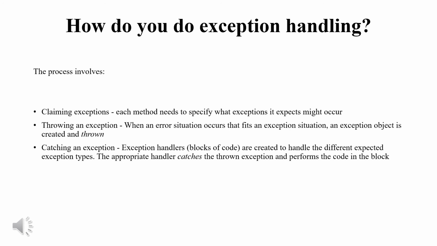It means the appropriate handler catches the thrown exception, right? And then by catching the exception, it will perform blocks of code. So these are 3 steps for exception handling.